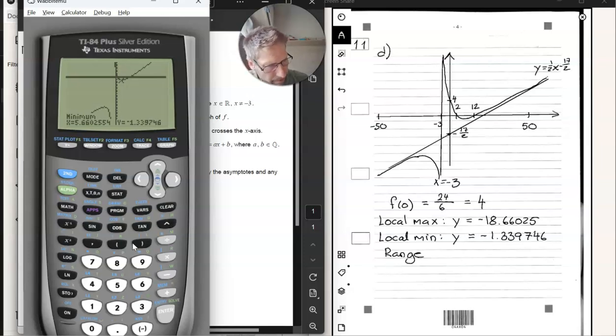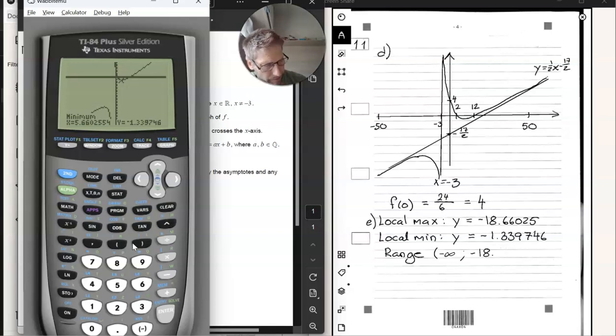So by the way, we have to write this is question E we're answering. The range goes from minus infinity to this local maximum value, which is minus 18.66.